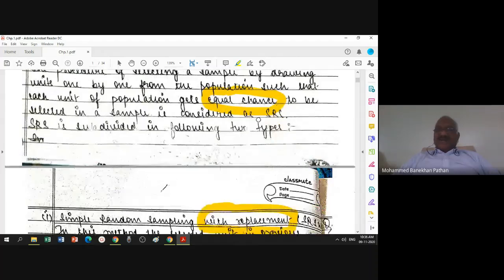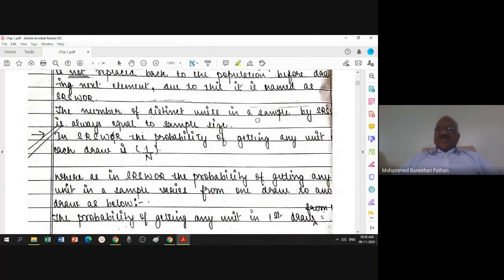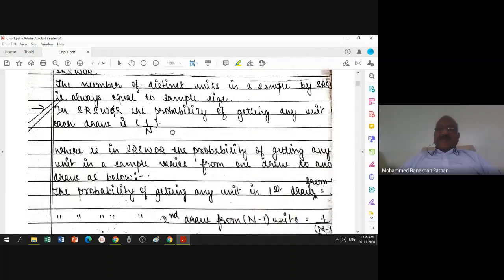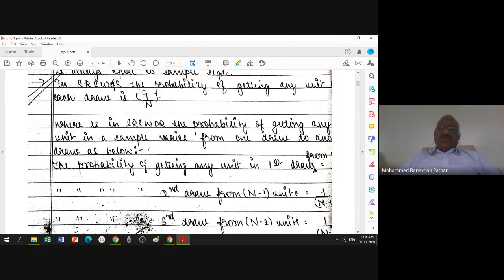And that is nothing but, if you are studying a population of size capital N, every unit gets a chance 1 by N to represent the sample. Let us see how to prove it.